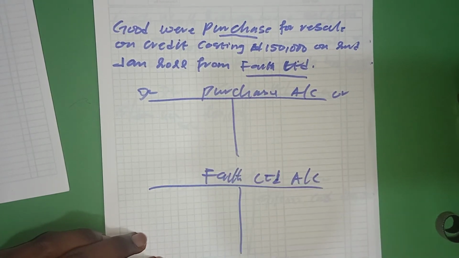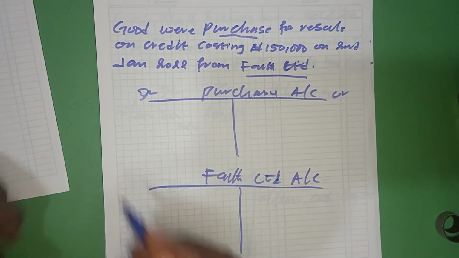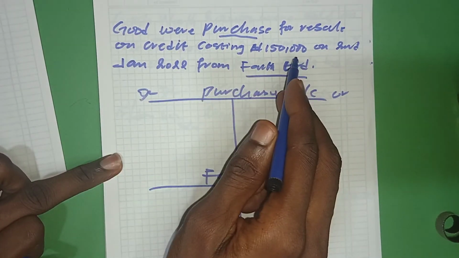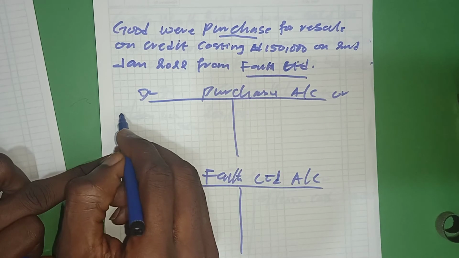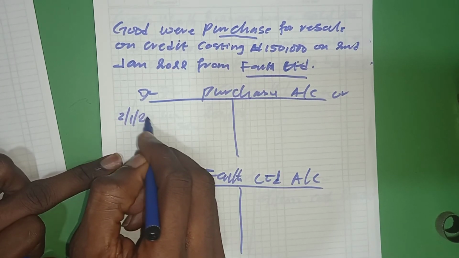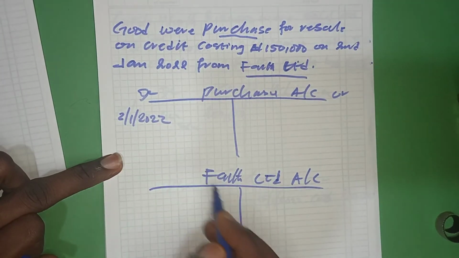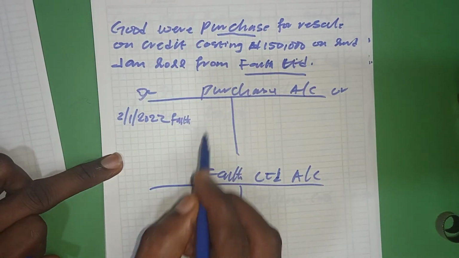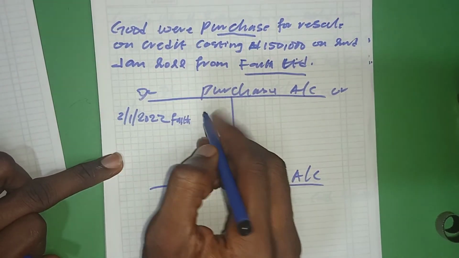And in this case, who is the giver? Faith is the giver. Now, you say, and what was the date? The date, okay, 2nd January 2022. Faith. How much? 150,000.